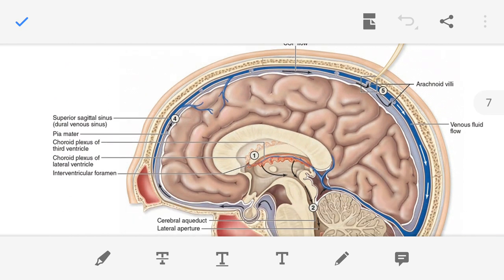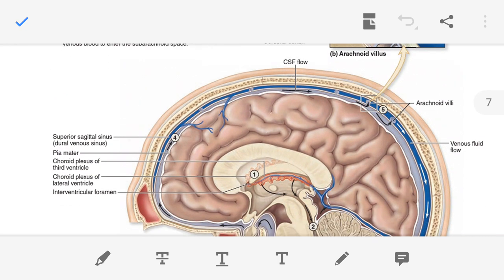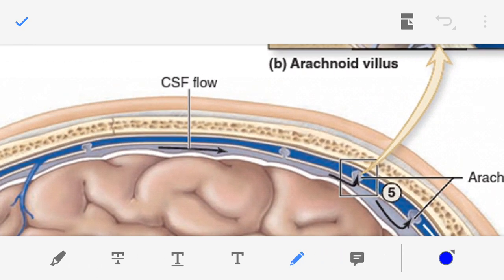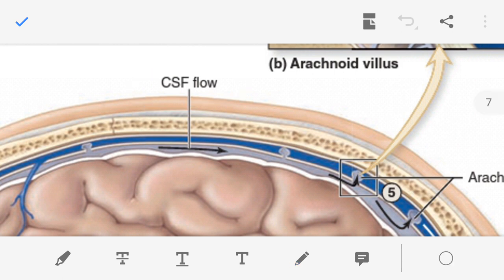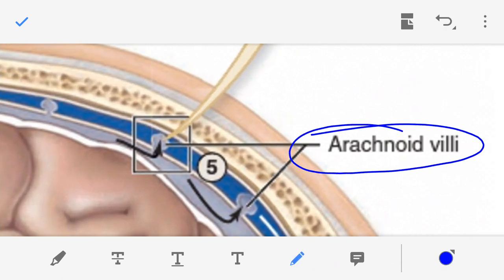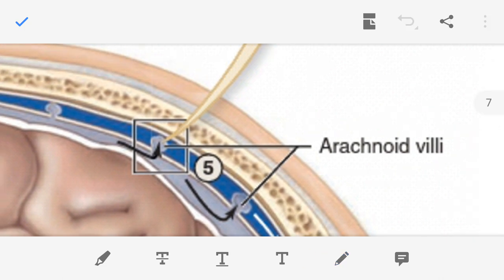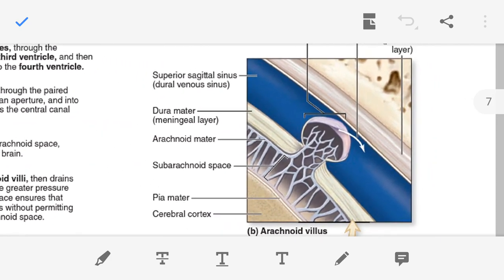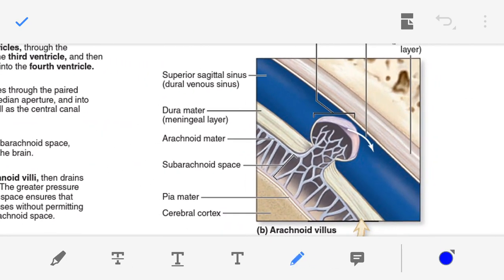Now in this figure you see, in the subarachnoid space CSF is flowing. Now you see this part, the arachnoid villi, and now we are zooming in on this arachnoid villus. This part, this blue color, what is this? The superior sagittal sinus, or dural venous sinus.